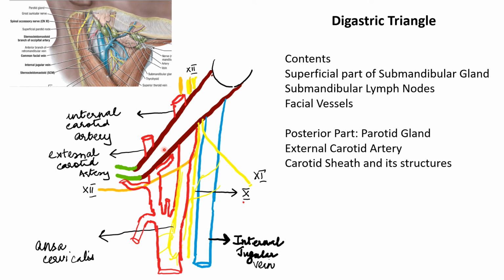The parotid gland would also be present in between, as well as some of the other structures of the styloid apparatus between the external carotid and the internal carotid. And now you can understand this very clearly because of the placement of how the structures are present. Also present would be the pharyngeal branch of the vagus.